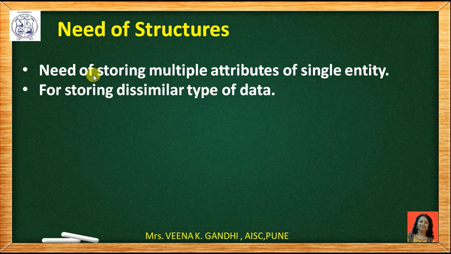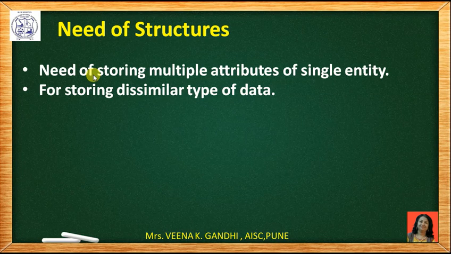We require 6 variables of different types, because employee number can be integer, name can be character, and salary can be float. So we require 6 different variables of different types. If the company has 100 employees, then to store the information we require 600 variables. It's very difficult to handle 600 variables in a single program.